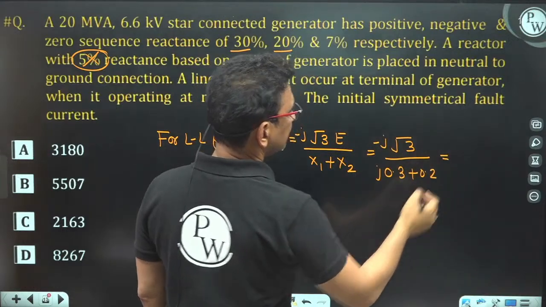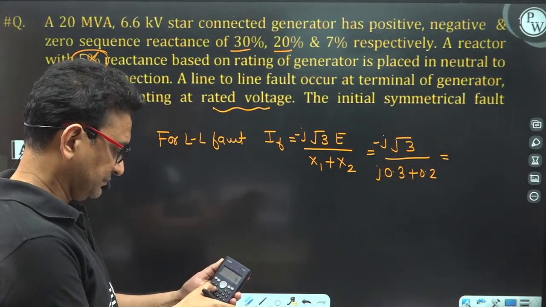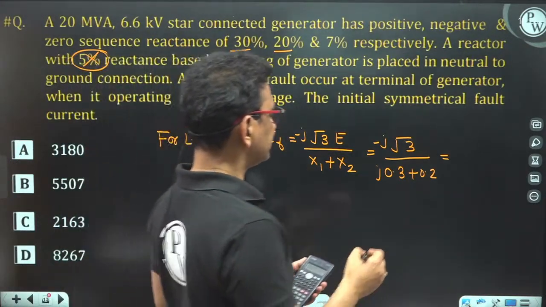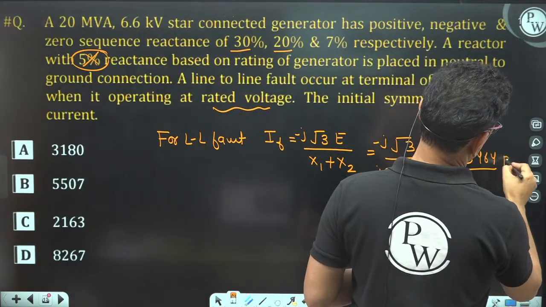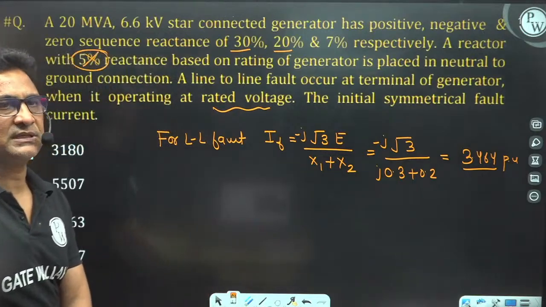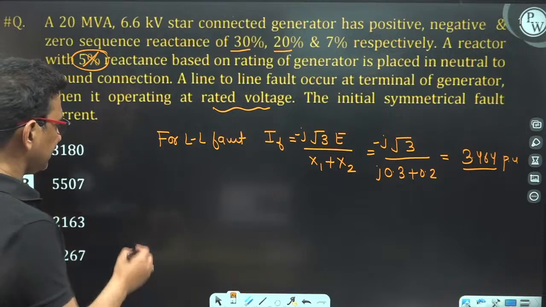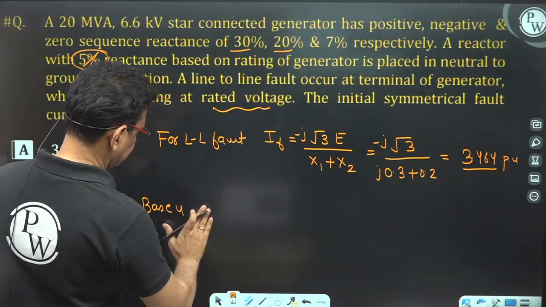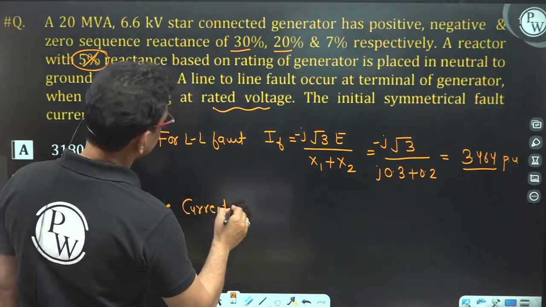You have to find only the magnitude. So root 3 divided by 0.5 is 3.464. It's a magnitude in PU. Now, just find the value of base current. So how to get the value of base current?